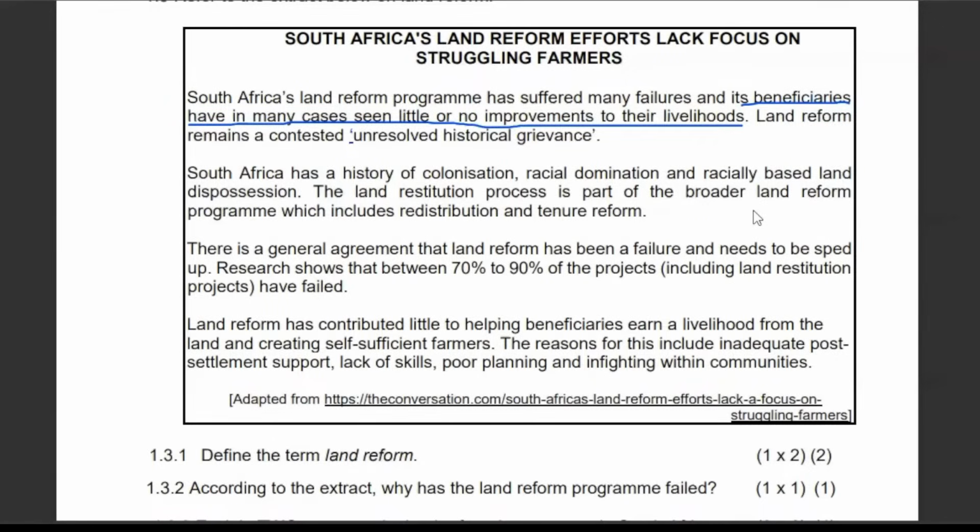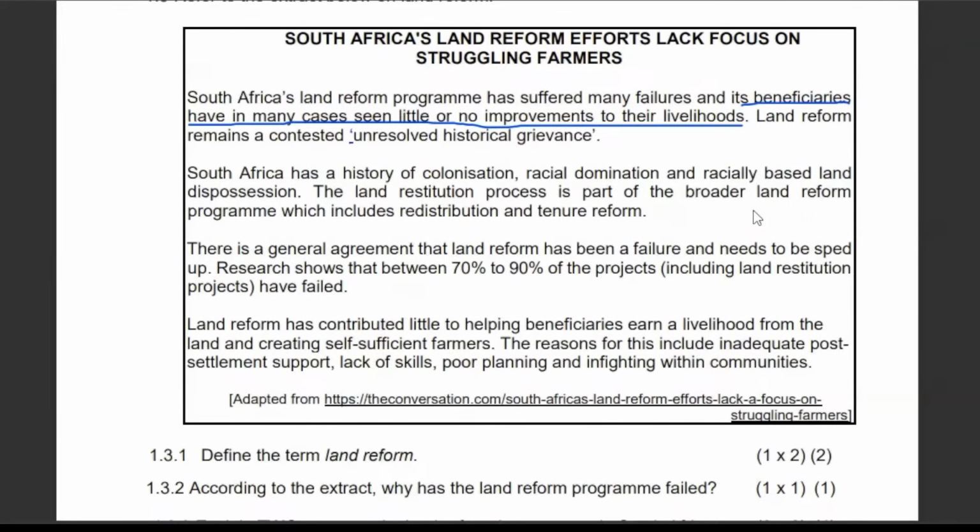Why are we giving them land? We are trying to improve their lives. We are trying to make the burden of landlessness better. But now, given that the beneficiaries are seeing little or no improvement, it suggests that this whole process is a failure.